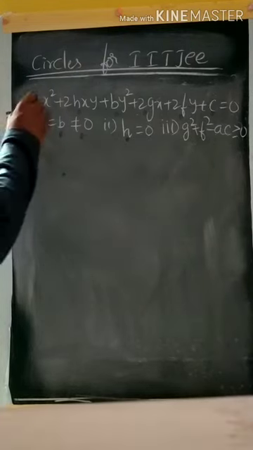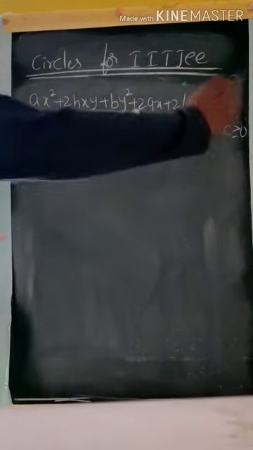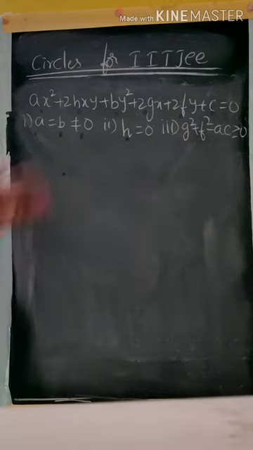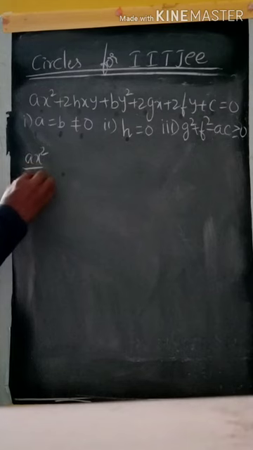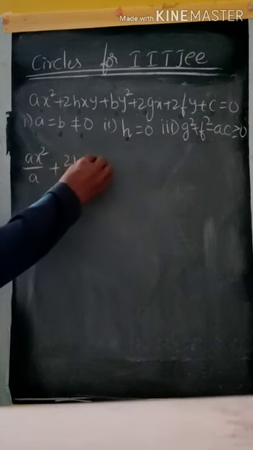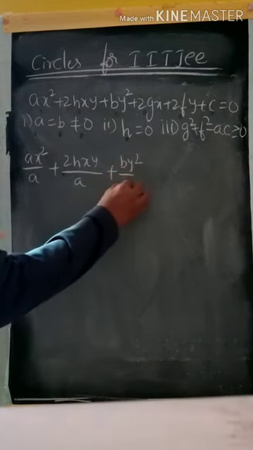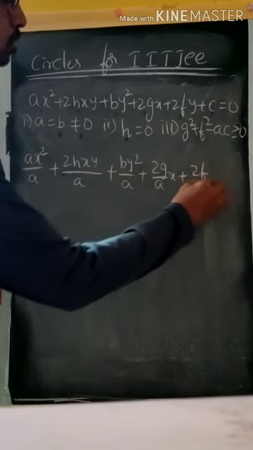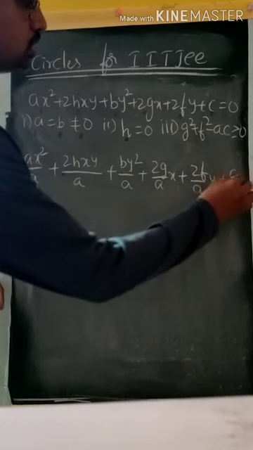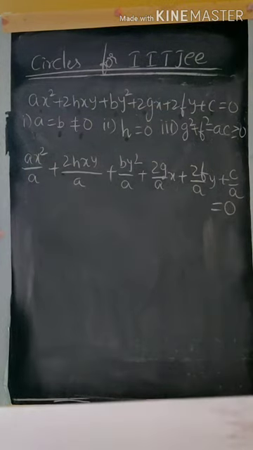So the given equation we are rewriting by dividing the whole equation by a on both sides. So ax²/a + 2hxy/a + by²/a + 2g/a x + 2f/a y + c/a = 0. Now ax²/a will be cancelled.